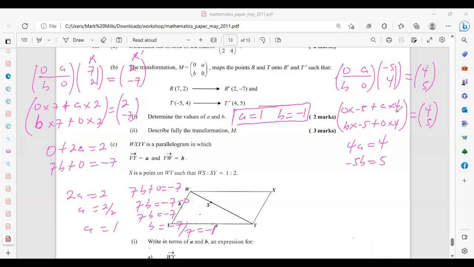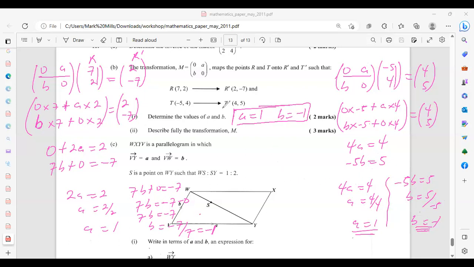Everybody see that? So when you work it out, 4A is equal to 4, A is equal to 4 divided by 4, A is equal to 1. Then -5B is equal to 5, so B is equal to 5 divided by -5, so B is equal to -1. We get back the same thing. Everybody see that? So our A is 1 and our B still is -1. Clear?